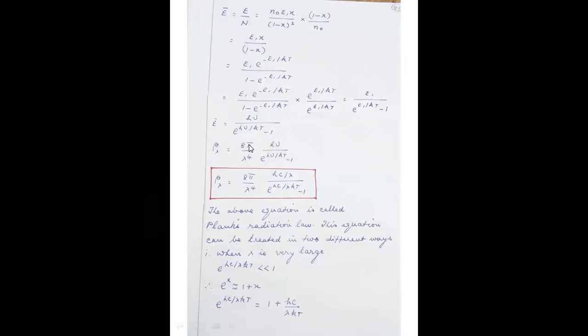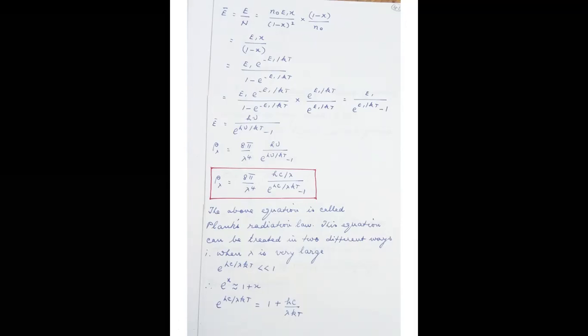So I am getting 8 pi by lambda power 4 into h nu divided by e power h nu by kT minus 1. What is nu? Nu is c by lambda. So h nu becomes hc by lambda, and here also hc by lambda kT minus 1. This equation is called Planck's radiation law.